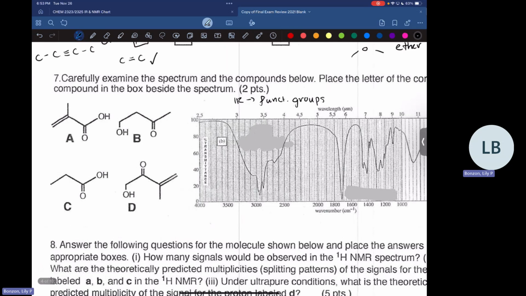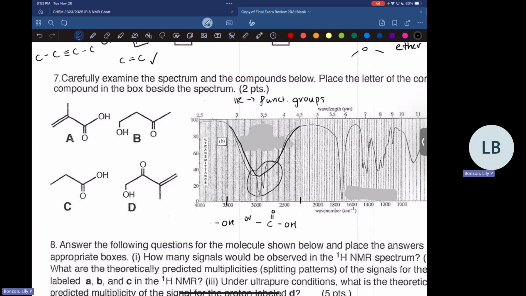So in this IR spectrum that we have this very broad peak from about like 2300 to almost 3500. So for broad peaks like this, we usually have alcohols or carboxylic acids. The only difference is that the carboxylic acid peak will also overlap with the CH region, which is at about 3000.